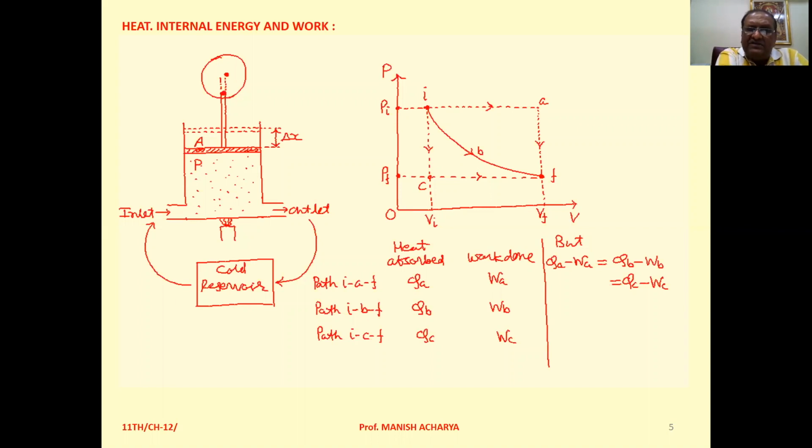Internal energy is nothing but the summation of kinetic energy and potential energy of the molecules of the system. If you take the summation of kinetic energy and potential energy of the molecules of the system, then it will give you the total internal energy of the system.